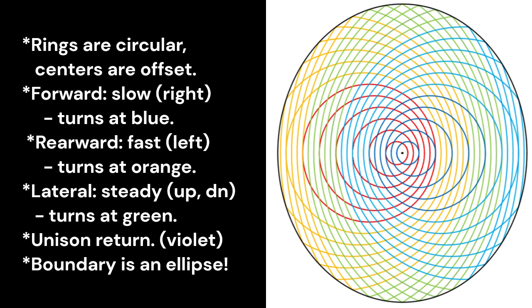The rings get smaller and smaller as they zero in on the center point. Notice also that the boundary of this is an ellipse, and the ratio of height to width is gamma, 1.15, so it's a little taller than it is wide.